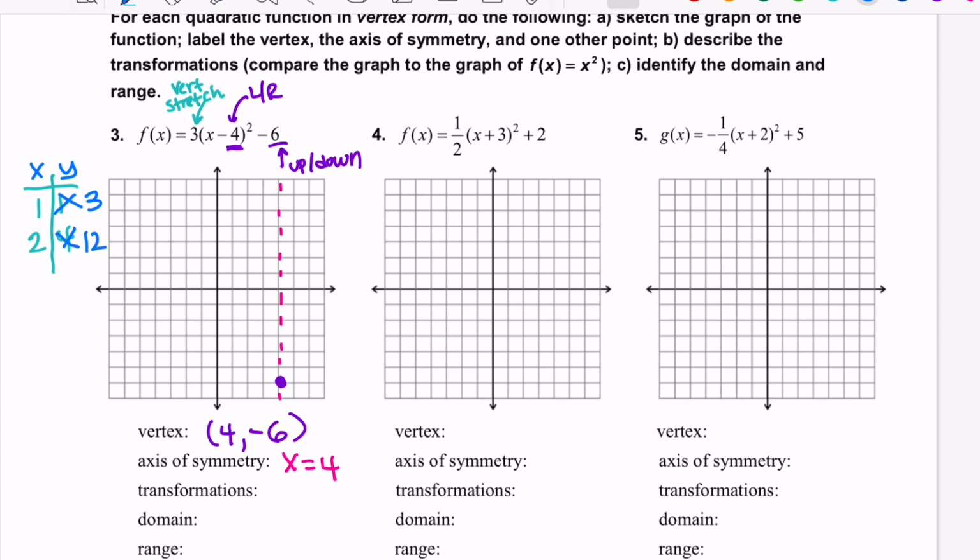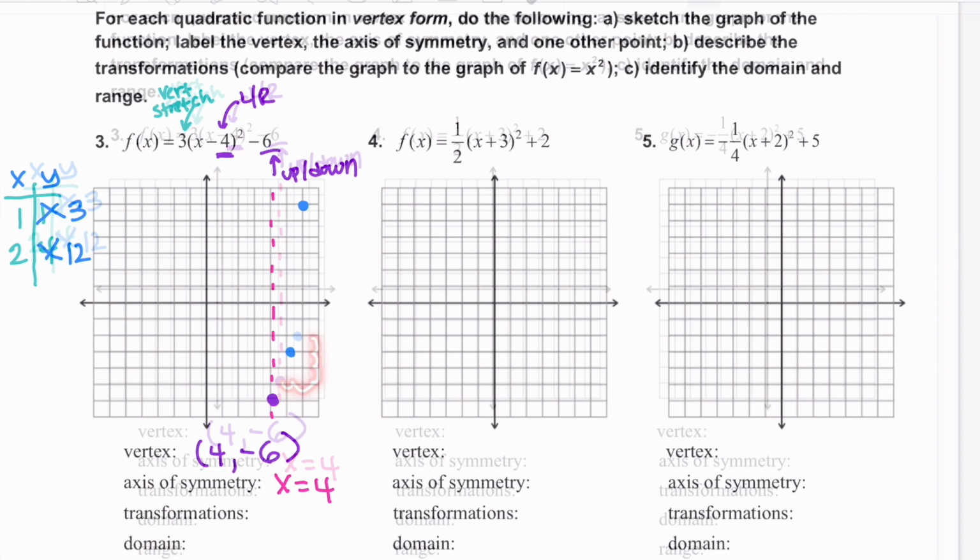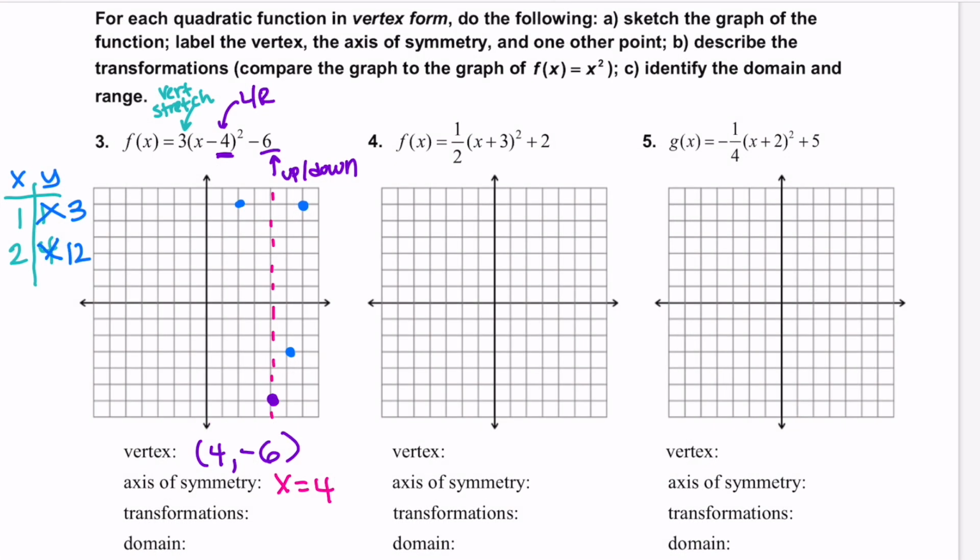So from the vertex, we're going to go over 1 and up 3 and put a point. Then from the vertex we go over 2 and up 12. And then we reflect those points over the axis of symmetry. And then we do our best to make a nice smooth curve that's in a parabola shape.